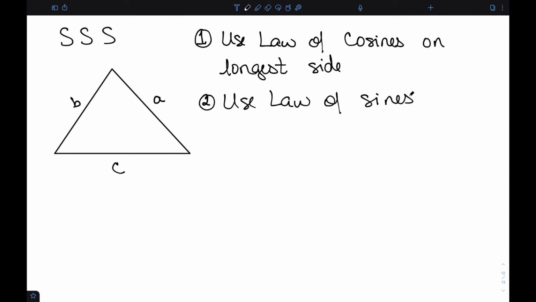Since I've already dealt with the biggest angle, I am ignoring this case of the ambiguous law of sines. So by using law of cosines on the longest side, I don't have to worry about the case of two triangles appearing in the law of sines. And finally, I can use the fact that the angles of a triangle have to add up to be 180 degrees to find my final angle.